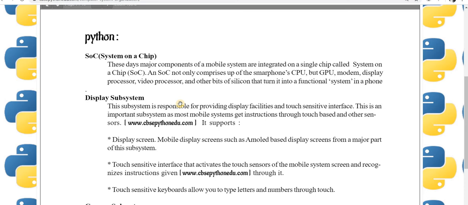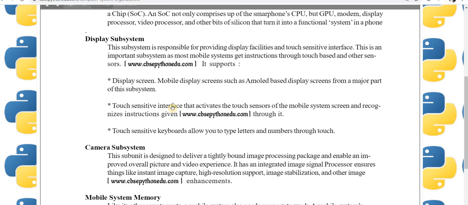That is called a system on a chip. The SoC not only comprises the smartphone's CPU, but also the GPU, modem, display processor, video processor, and other bits of silicon that turn it into a functional system in a phone. Got it?